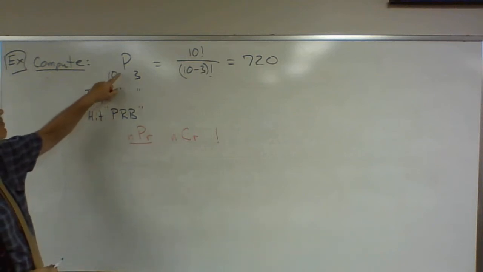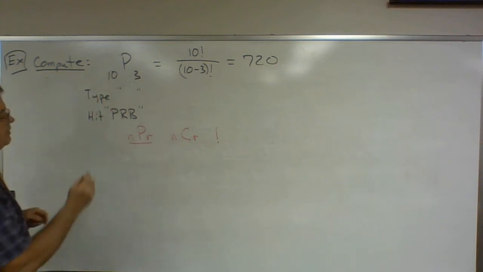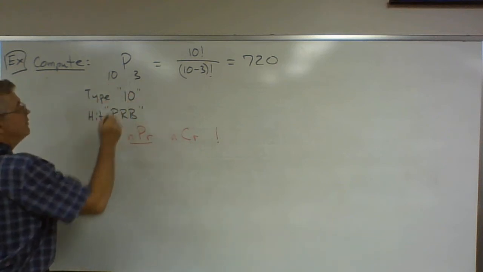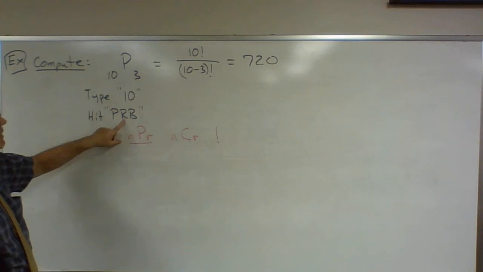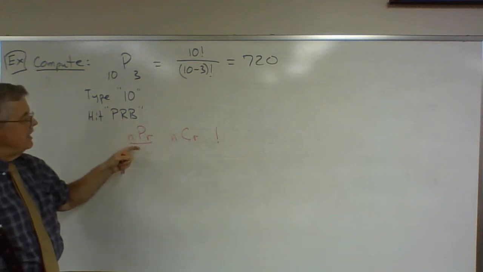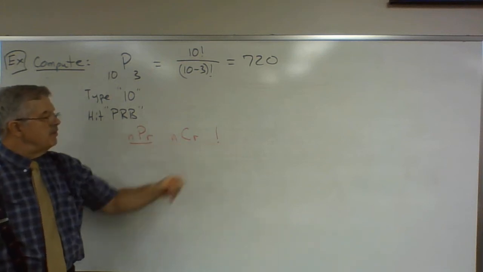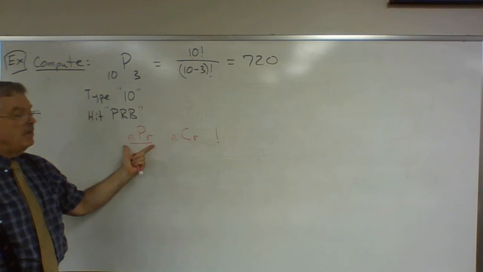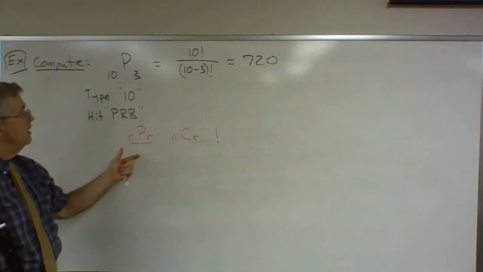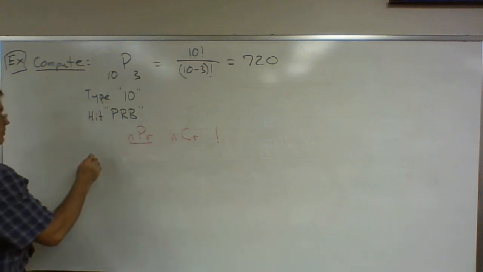But suppose we use the NPR function in our calculators. We want 10P3. We type the first number, 10. We hit the probability key. And on the screen, we see NPR, NCR, factorial. This time, we want the permutation, NPR. So we just hit enter.